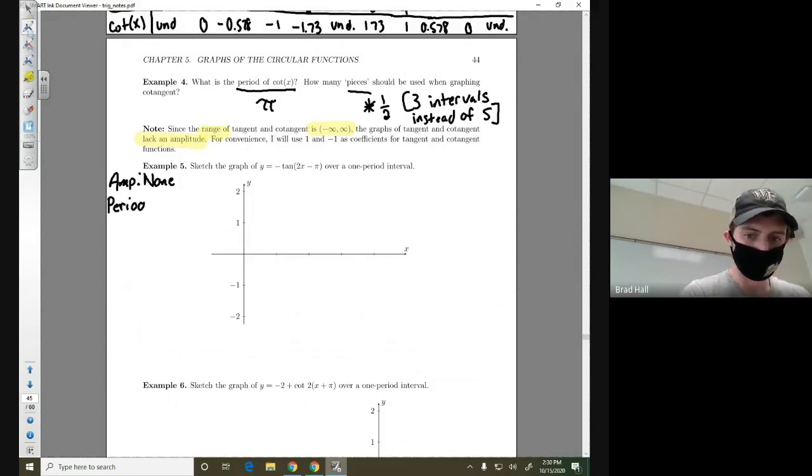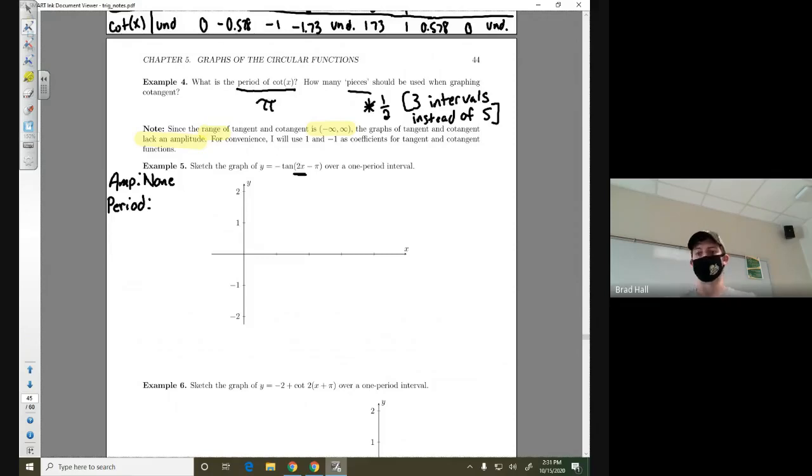The period is still affected by the same number. It's the number that multiplies the x. So 2 is going to be the number that affects the period. But here's the kicker. We're not using 2 pi divided by 2 anymore. It's going to be pi divided by 2, right?